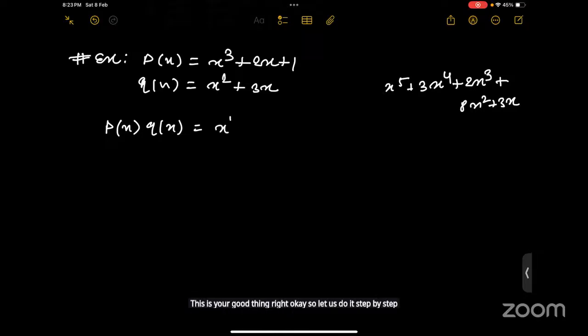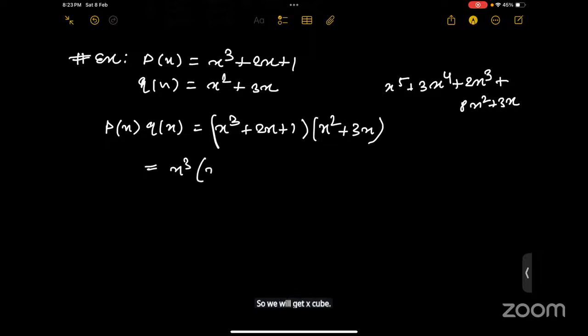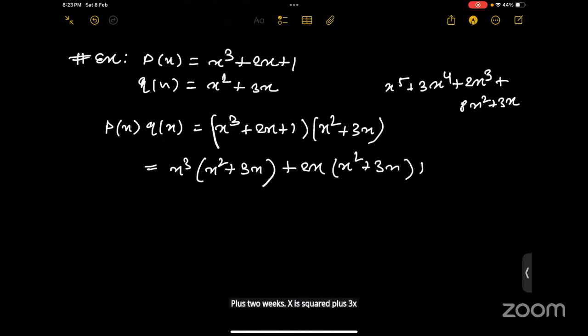So x cube plus 2x plus 1, then multiplied by x square plus 3x, right? So we have to multiply it term by term. So we will get x cube into x square plus 3x, plus 2x into x square plus 3x, then again x square plus 3x, right? So again we will multiply.